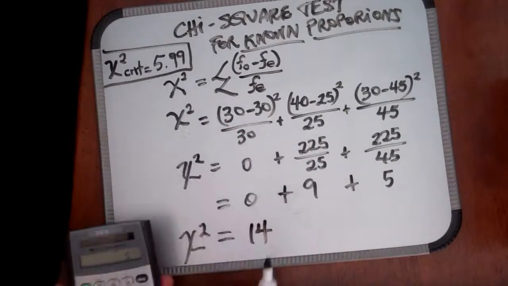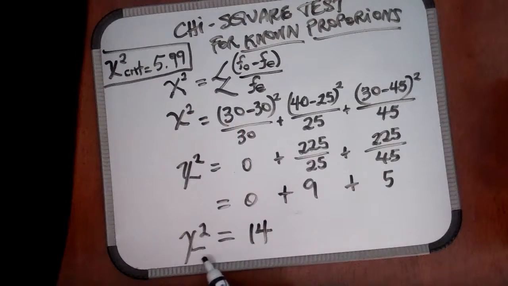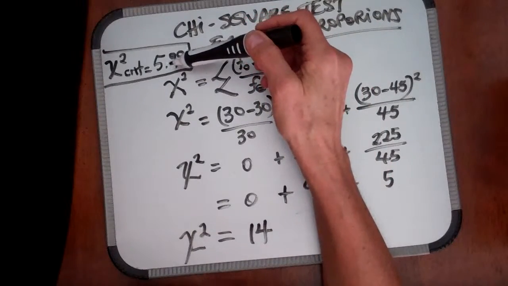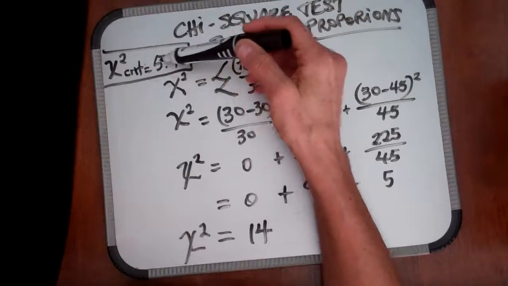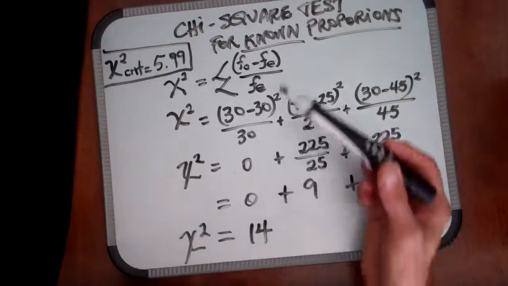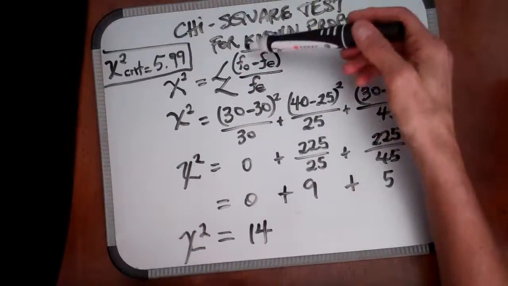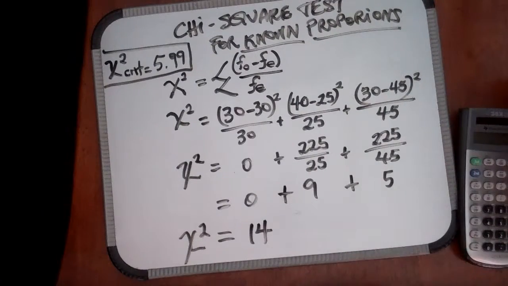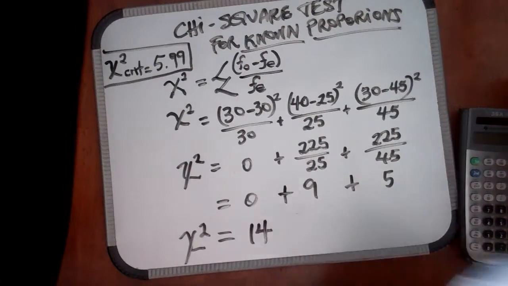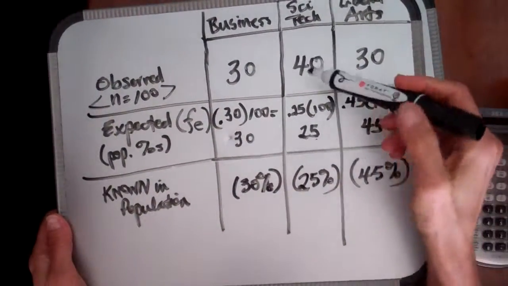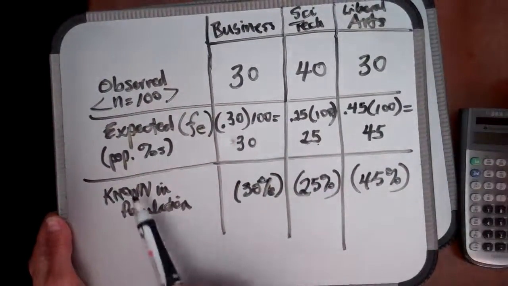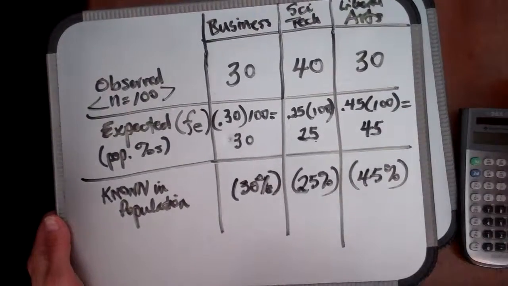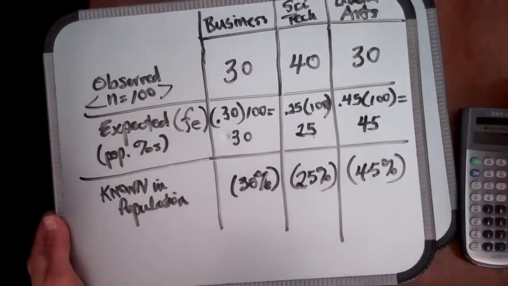Our critical value is 5.99. The value of chi-square in this case exceeds the critical value of 5.99, and so we would say that there is a statistically significant difference in the frequencies of students at your school and the frequencies of students in the known population who are majoring in each of these areas.